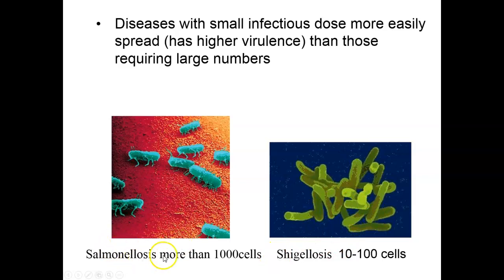Salmonellosis and shigellosis both cause severe diarrhea. So they cause the same disease, but the infectious dose differs between the two.